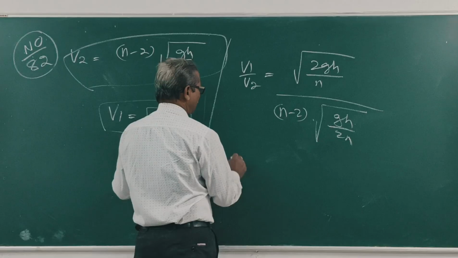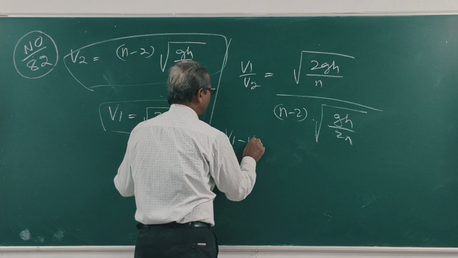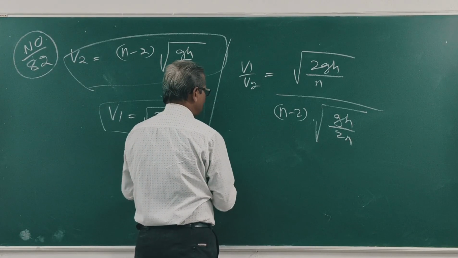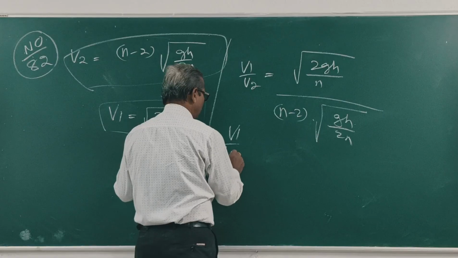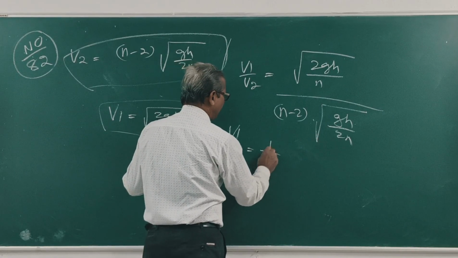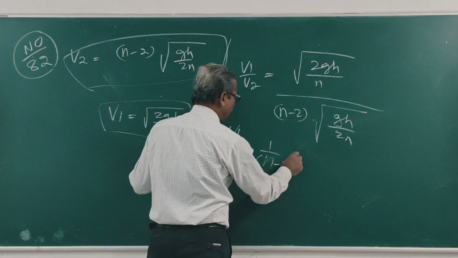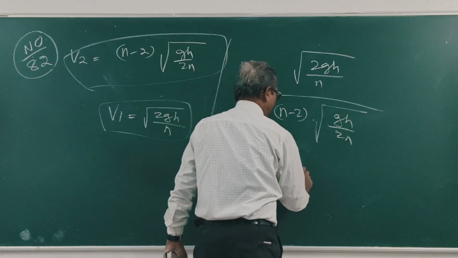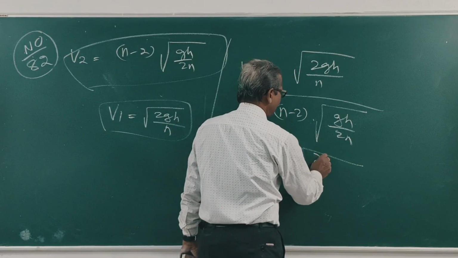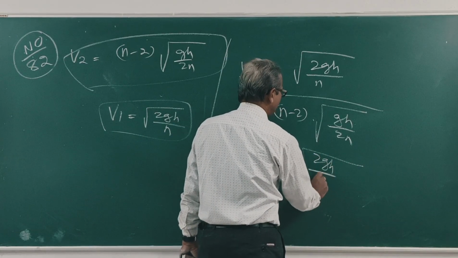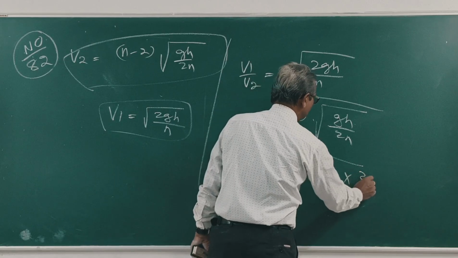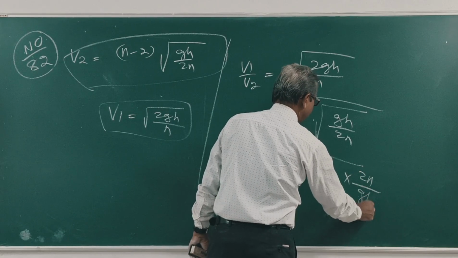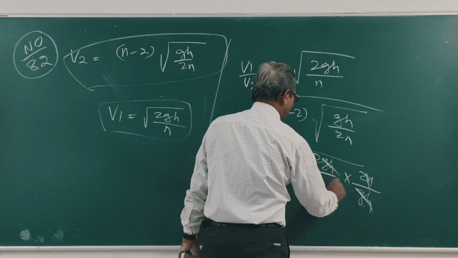Now V1 by V2 is equal to 1 by n minus 2, root over 2gh by n into 2n by gh. Gh cancel and n cancel.